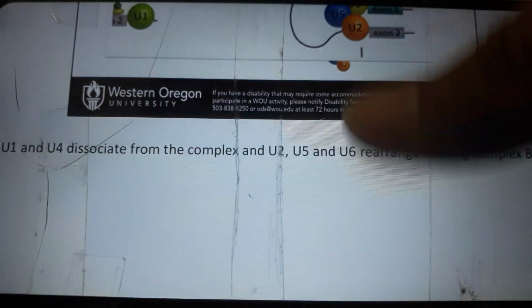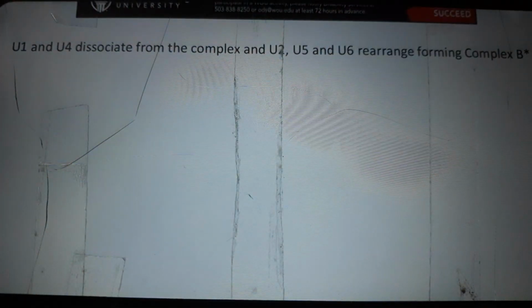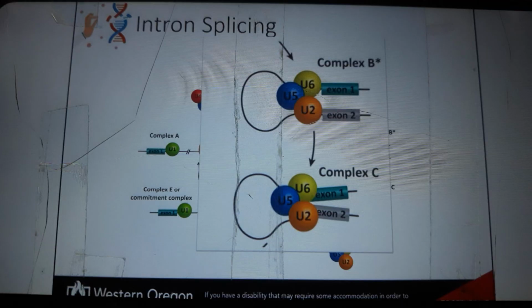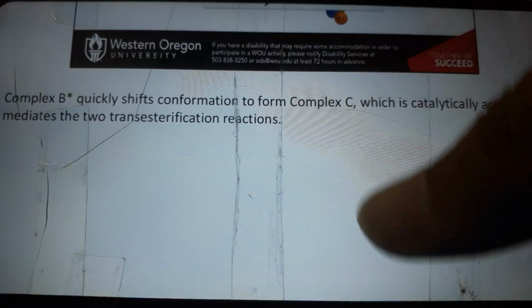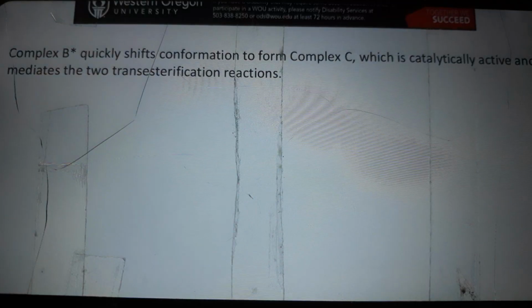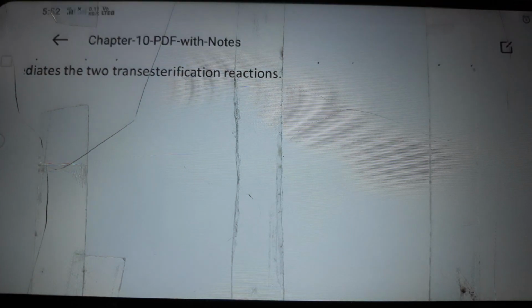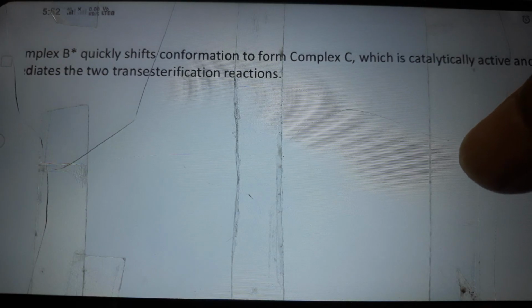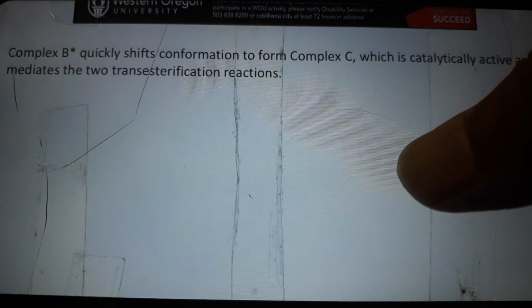So intron splicing. U1 and U4 dissociate from the complex. U2, U5 and U6 rearrange, forming complex B. Complex B quickly shifts to form complex C, which is catalytically active and mediates the two transesterification reactions.